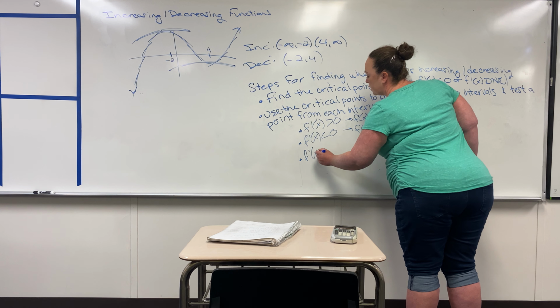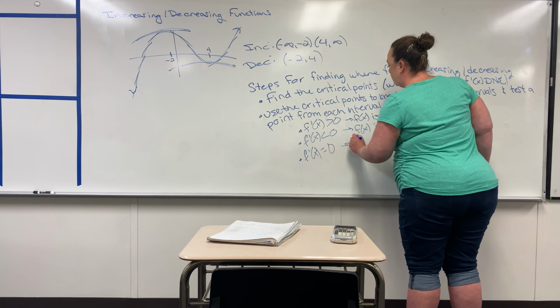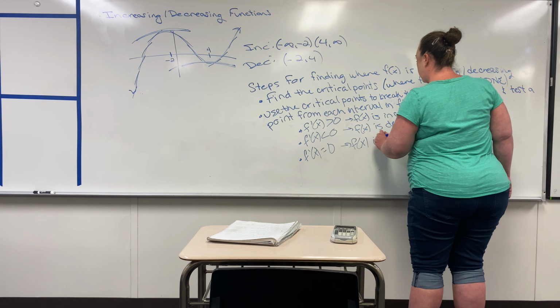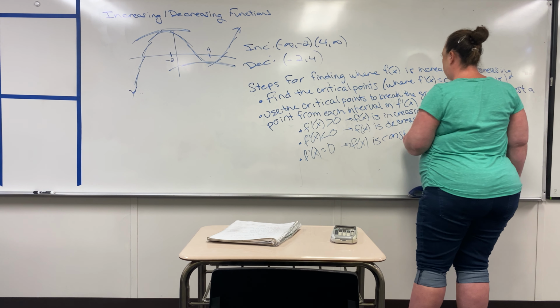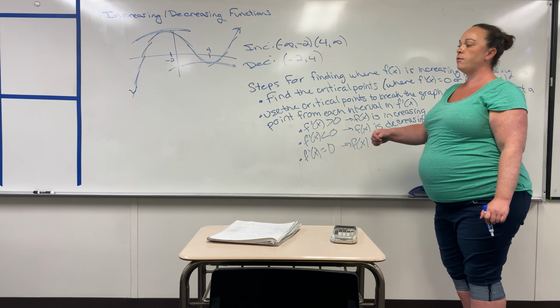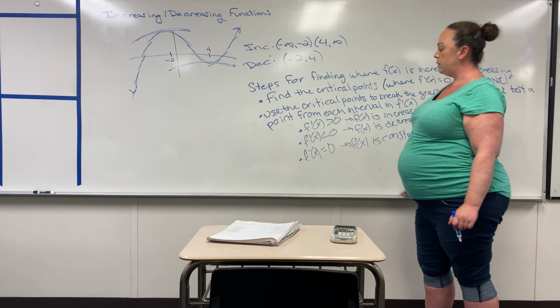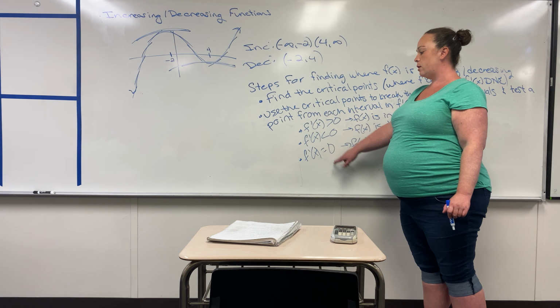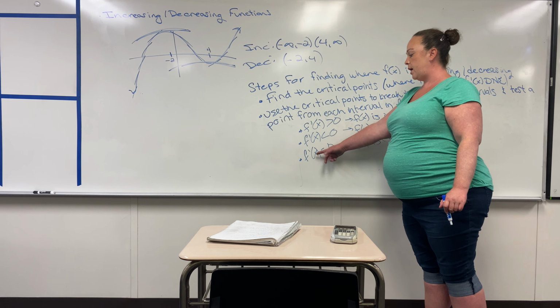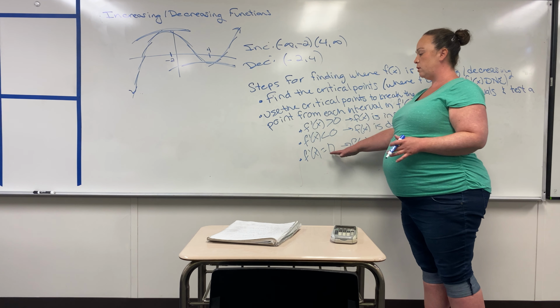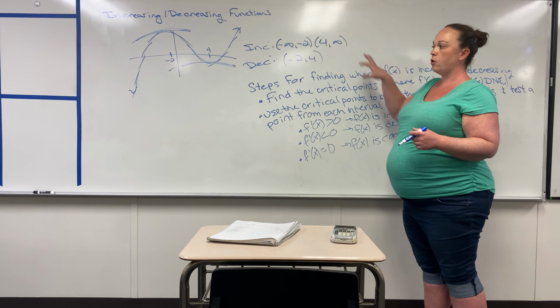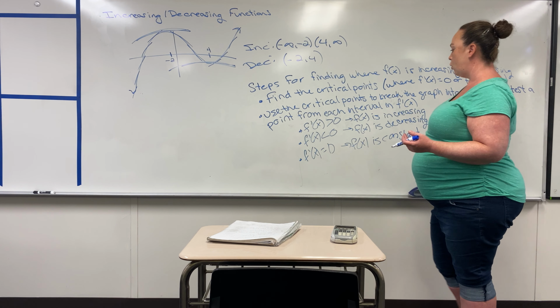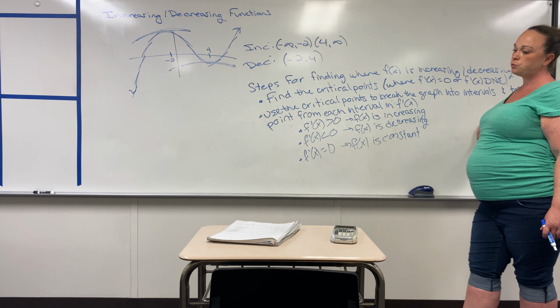If f prime of x equals 0, then f of x is constant. However, realistically, this would mean that the entire derivative was 0, which shouldn't happen. So if you find when you've plugged in that the first derivative is 0 at that spot, you probably missed a critical point. That is more likely than that this happened.